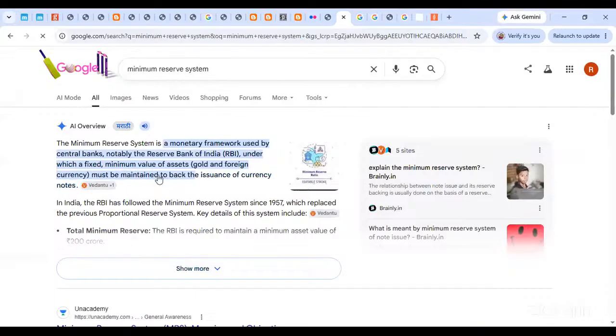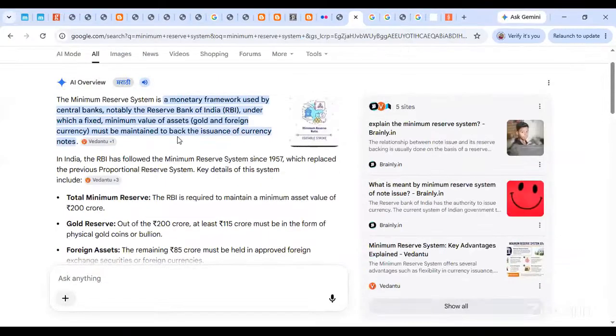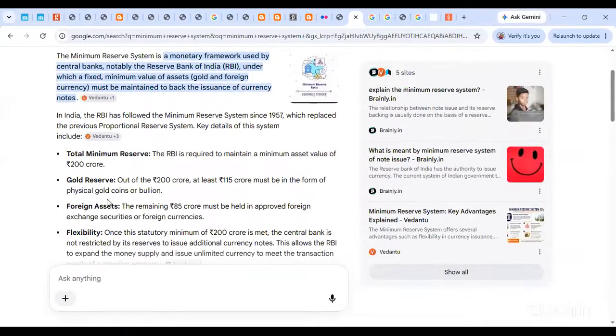This is what we are looking at when we talk of a minimum reserve system. To issue any currency in India, the RBI has to maintain a total minimum reserve of 200 crores, out of which 115 crore has to be in the form of physical gold coins or bullions. वो gold के bars नहीं आते वैसा वाला.